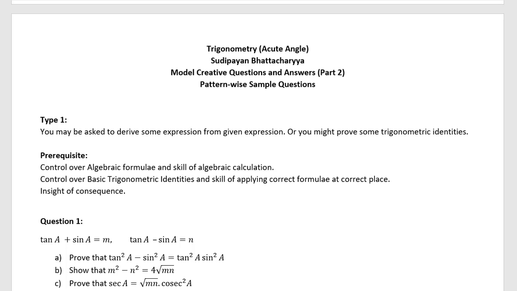And then if you get any problem there, you can ask me in the comment box, and if you have any special question which you cannot solve by yourself, you can submit it in the comment box for me to solve for you. I will be very happy to solve the question for you and take another class on that type of problem.